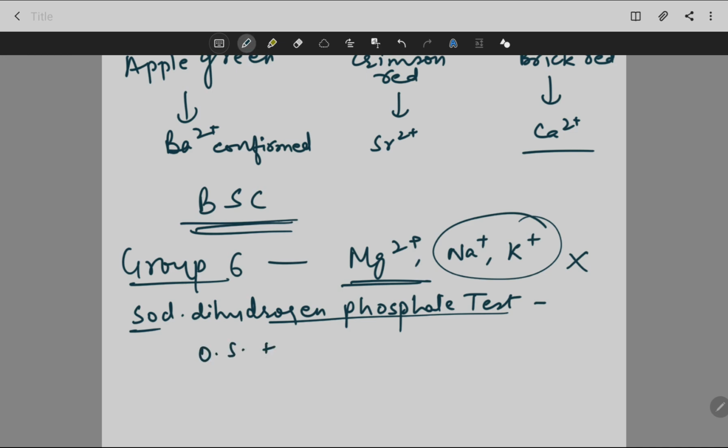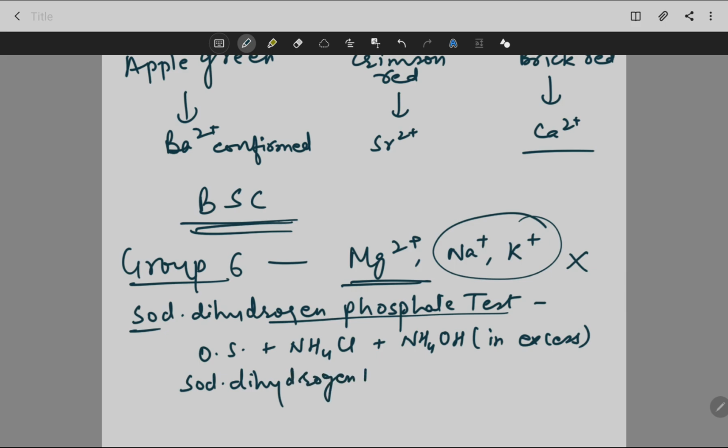To this original solution we added ammonium chloride, then ammonium hydroxide in excess, and then we add sodium dihydrogen phosphate, NaH2PO4.